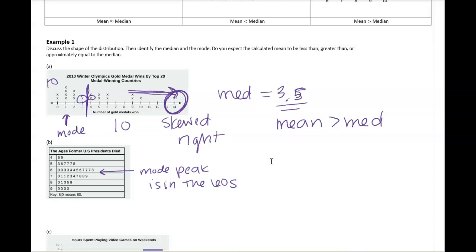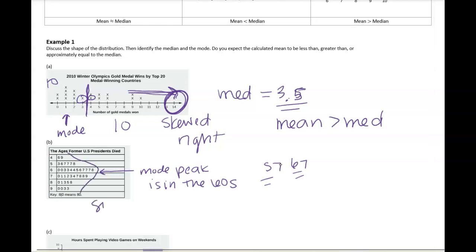Now we could look at it, it would be 57 and 67. It looks like both of those are triples for the actual mode, but you're really looking at the peak when you're finding the shape. So because the mode peak is here in the middle, we would say that this is symmetric.